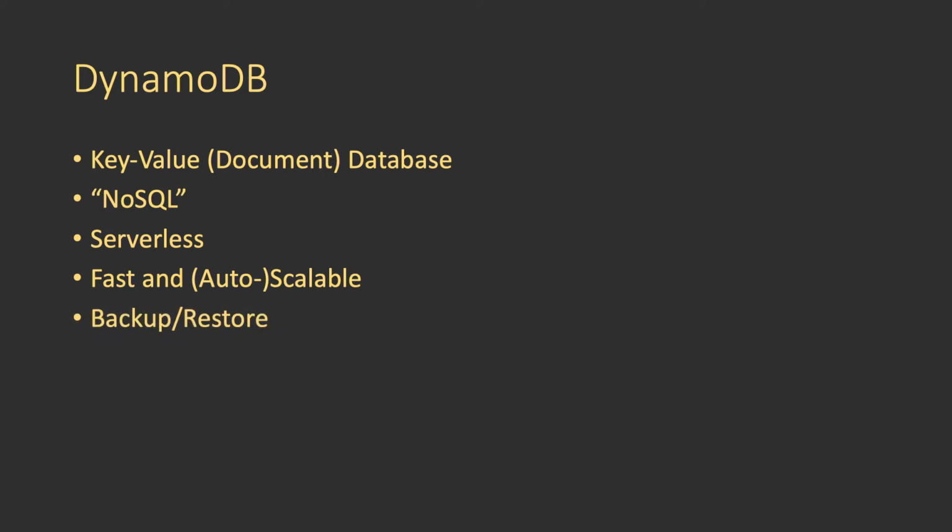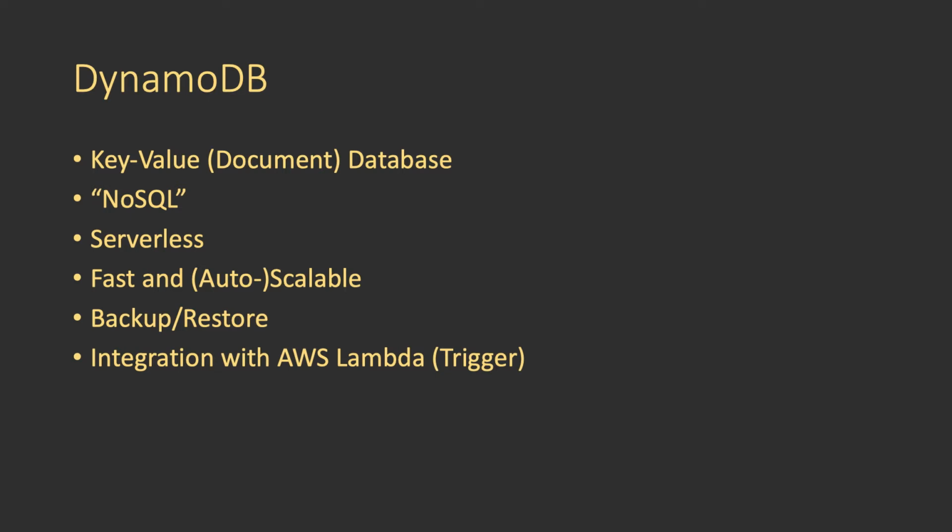DynamoDB offers concepts, of course, for backup and restoring data, and it integrates with other AWS serverless services like Lambda. So we will use Lambda to create a web service that reads and writes to a DynamoDB table, but it's even working the other way around.